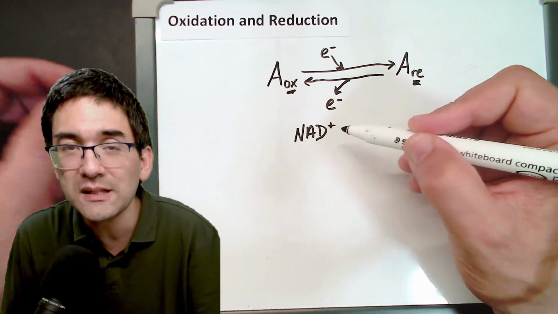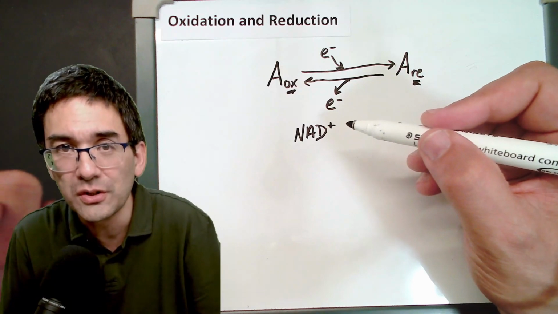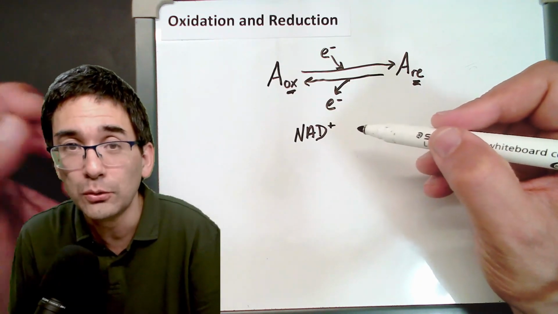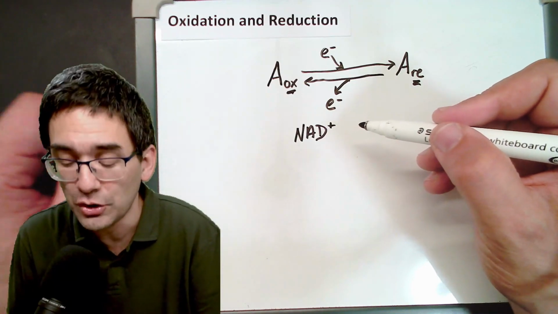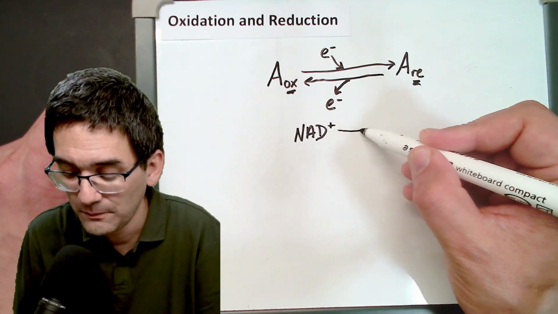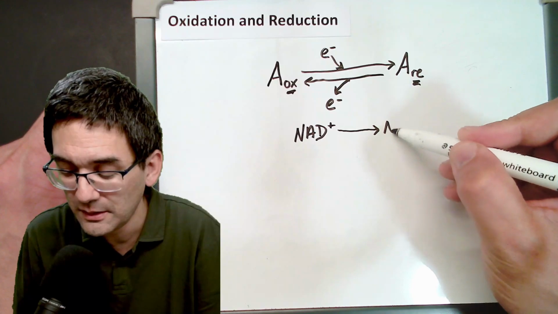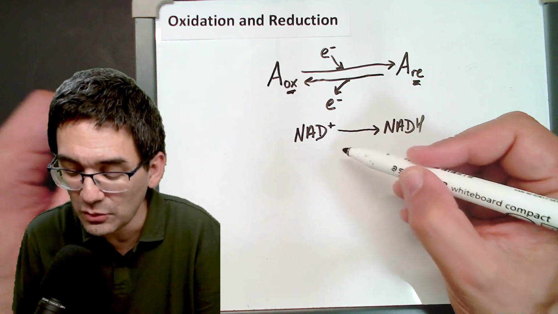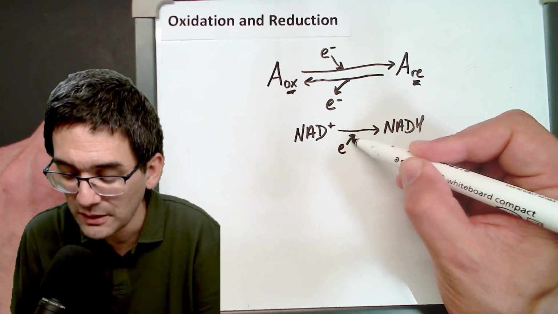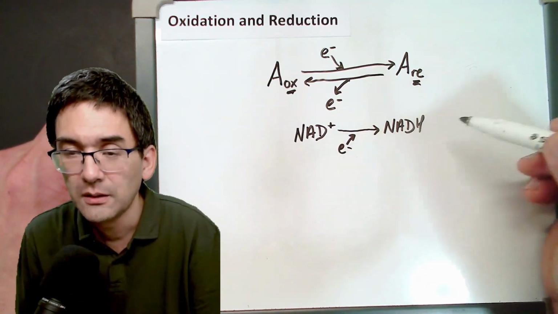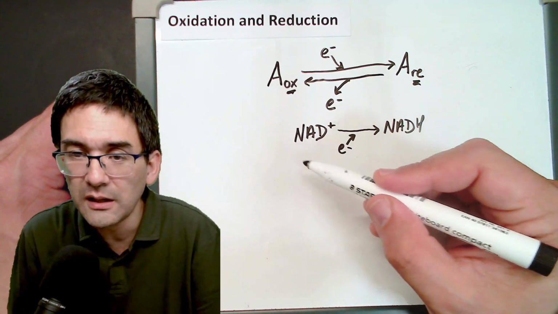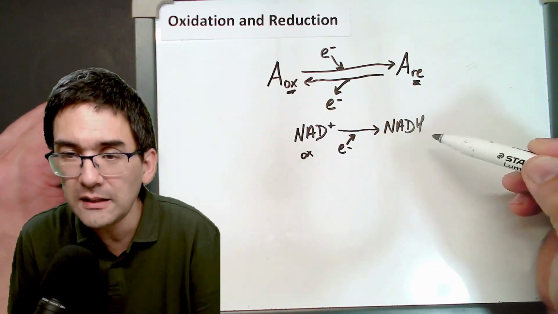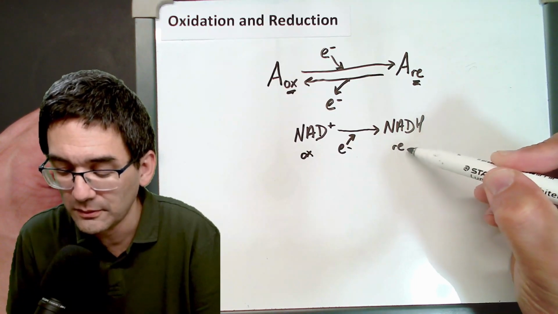And this NAD plus is now able to accept electrons, 2 electrons as a matter of fact. And when it accepts electrons, it is able to become NADH. In order for this to happen, you need to add electrons, e minus, and so you see that the NAD plus is in the oxidized form, and the NADH is in the reduced form.